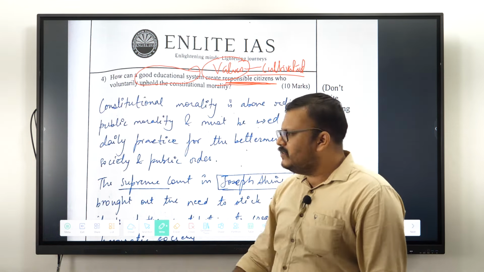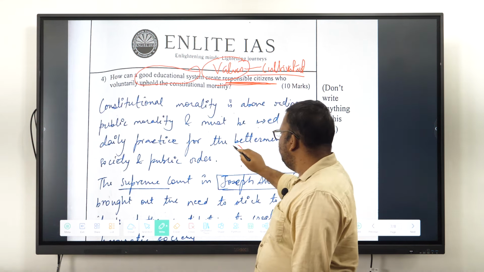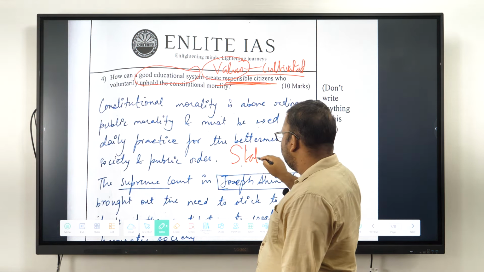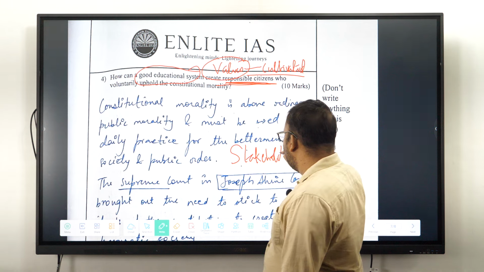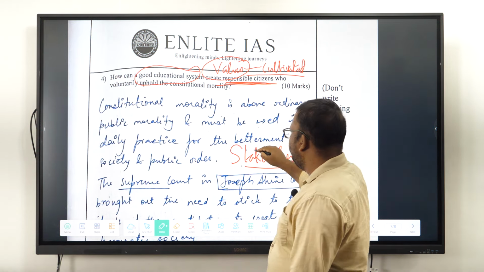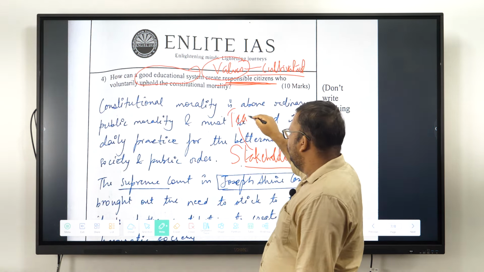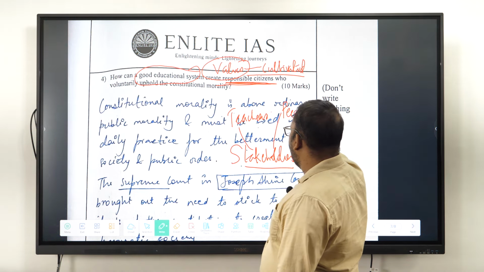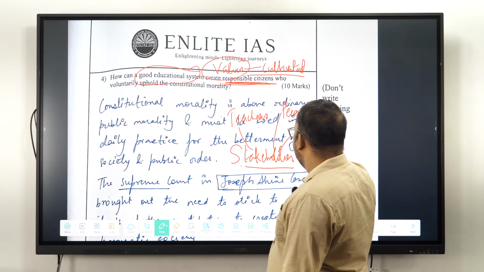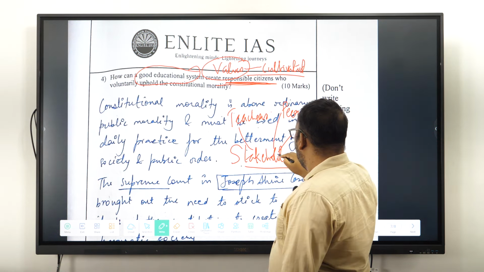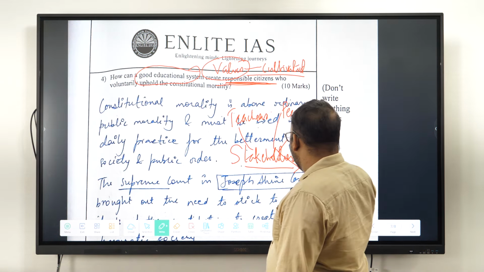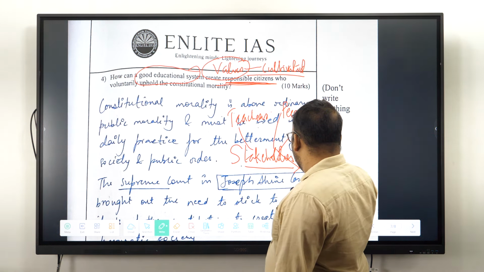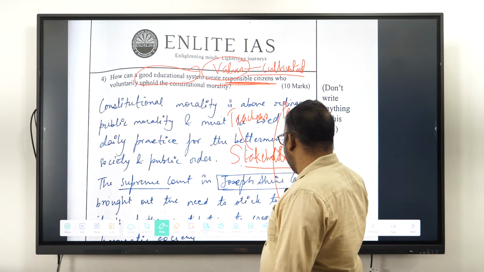So in educational system, identify the stakeholders. Just think of the stakeholders in the educational system. Who are they? They are the teachers. So there are teachers, there are peers or your friends, there are various books. You interact with experts. You have your seniors.